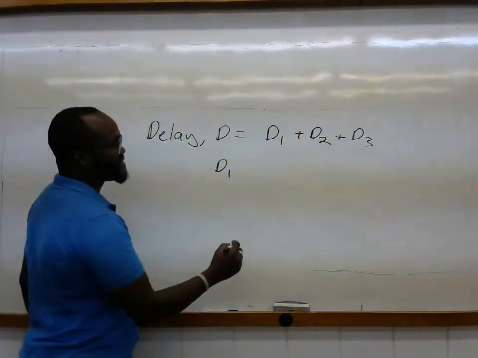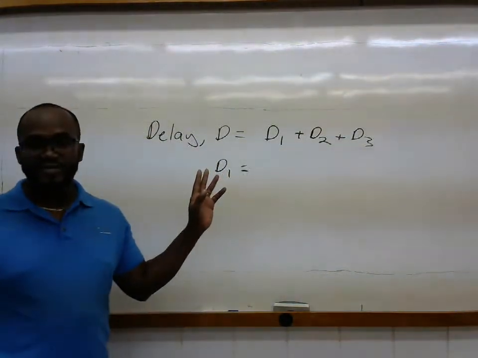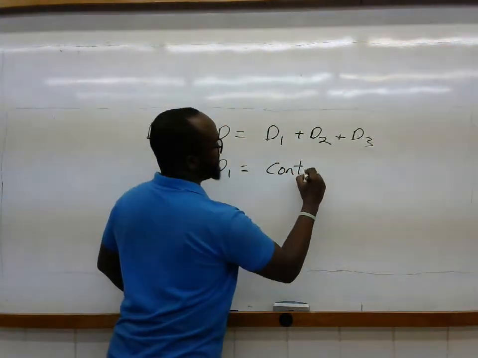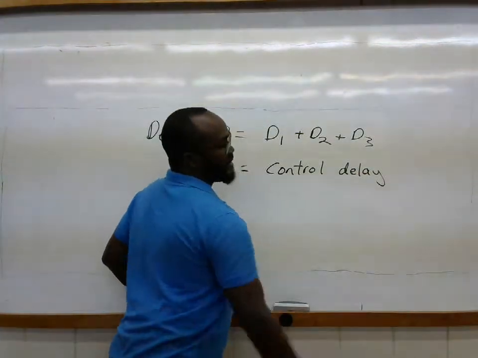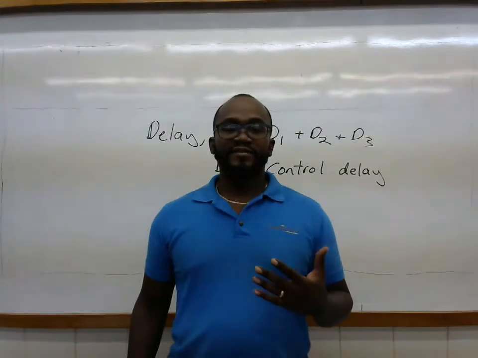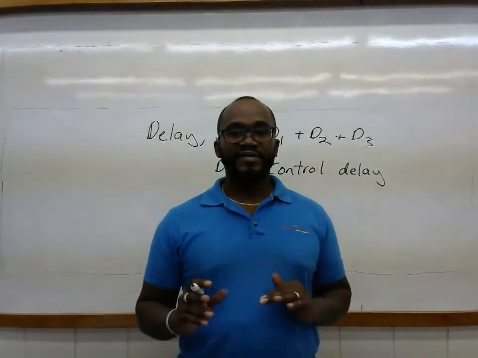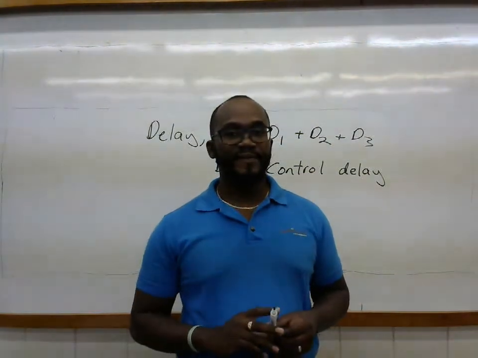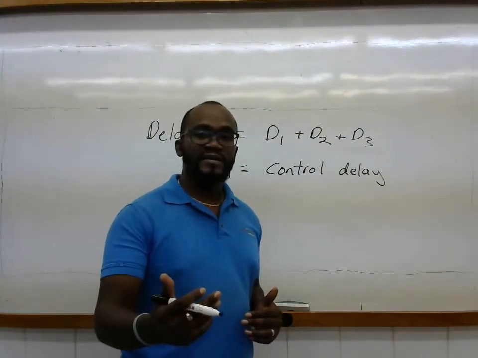D1 here represents the control associated with strictly the traffic signal. So for example, as you approach the signal, if you were to meet the red interval or the red phase, a driver would normally proceed to press the brake pedal, and then gradually come to a stop at the intersection.